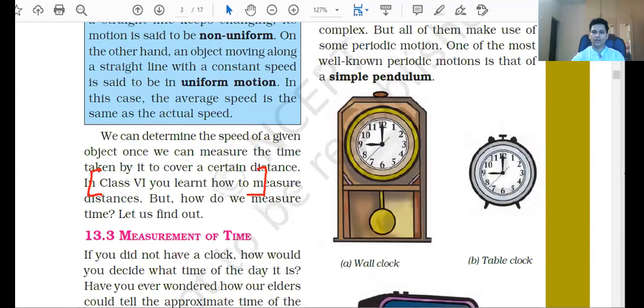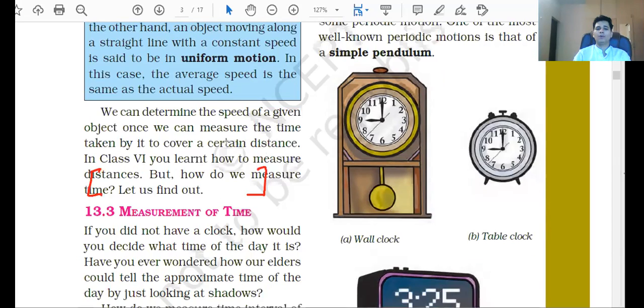Now after that, the second thing is how we measure the parameters. When we talk about the parameters, we have distance and time. For distance, we have units like meter, kilometer, millimeter, centimeter, that we studied last class.